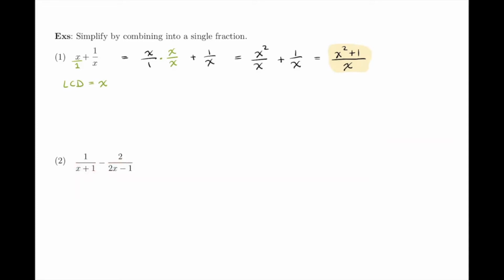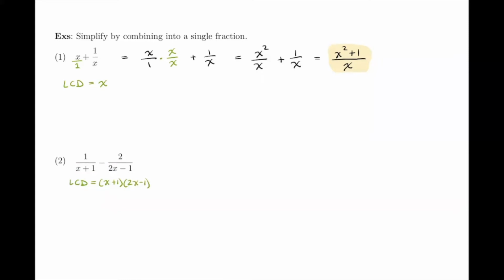In this case, there's no way to make 2x minus 1 look like x plus 1 by multiplying, and there's no way to make x plus 1 look like 2x minus 1 by multiplying. So the LCD, or the least common denominator, is just going to be the product of the two individual denominators.